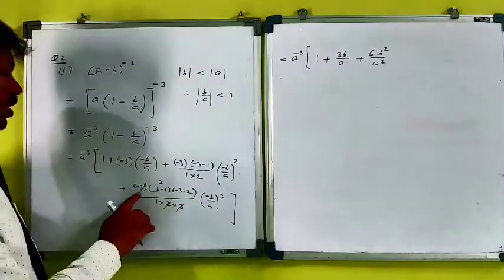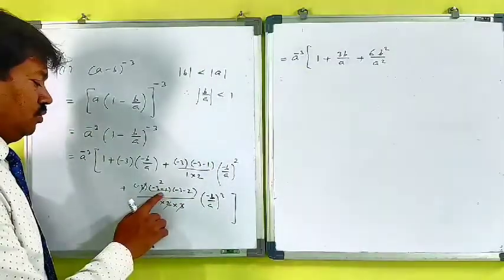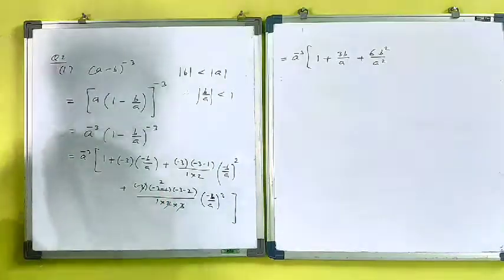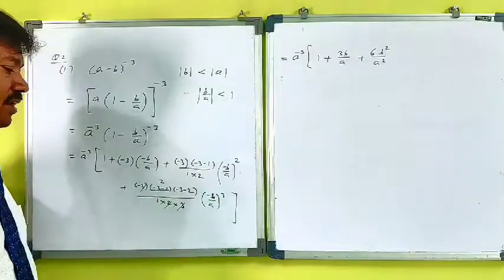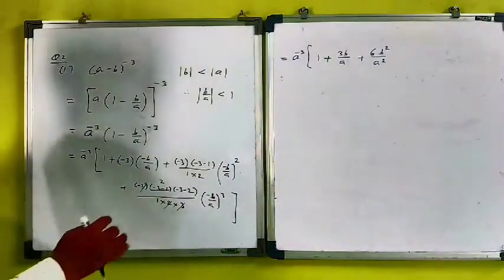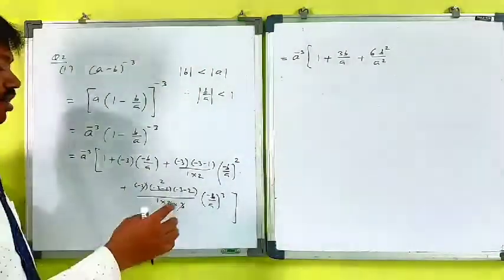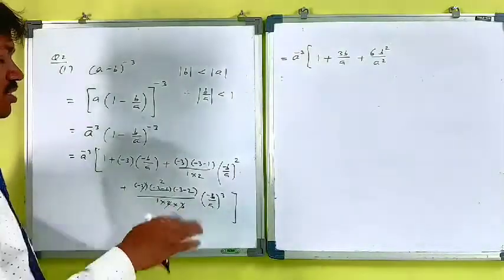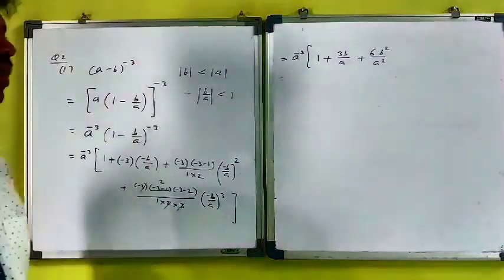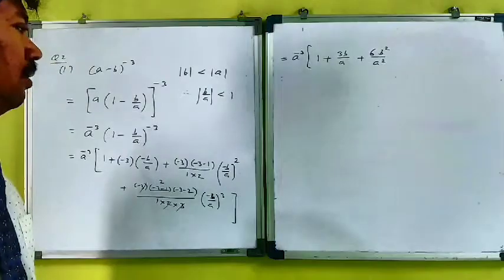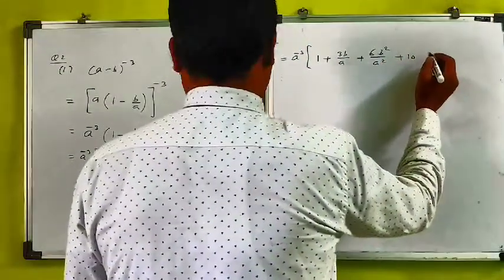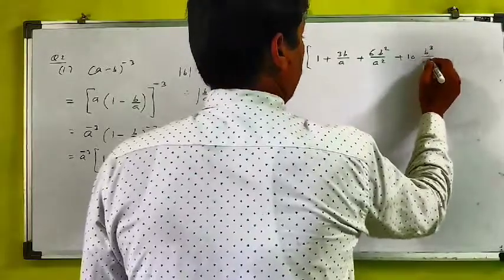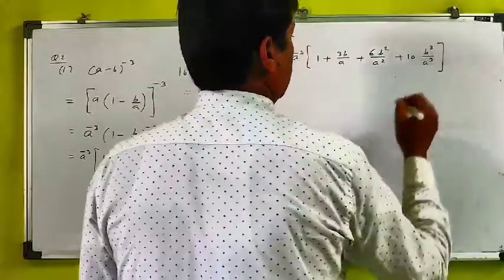Now minus 3 into minus 4 into minus 5: 2 into 5 is 10. All 3 factors are negative and the fourth, the bracket, is also negative, so with the four negatives it becomes plus 10 b cube upon a cube.